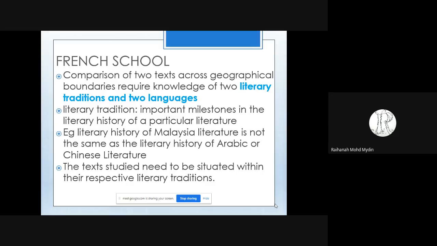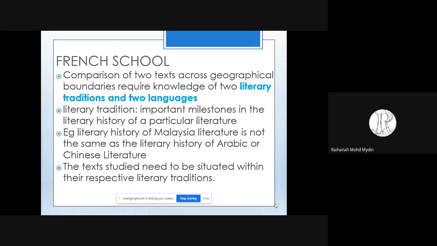Reading it in Arabic in its original form and understanding the nuances of the text within the literary tradition of Palestinian literature in Arabic is more acceptable within the French school's definition of comparative literature.